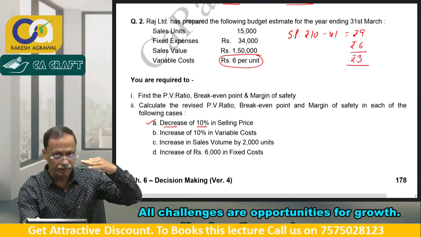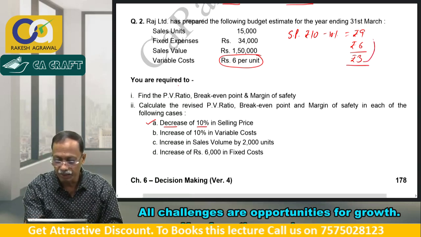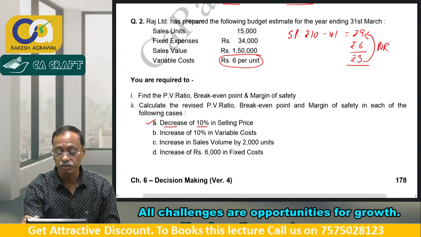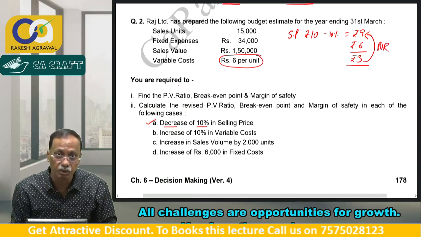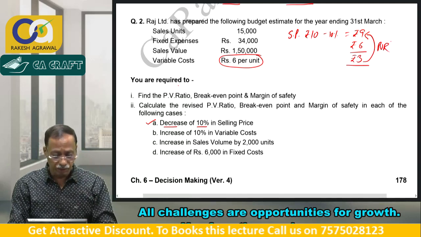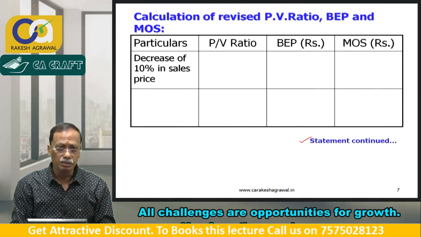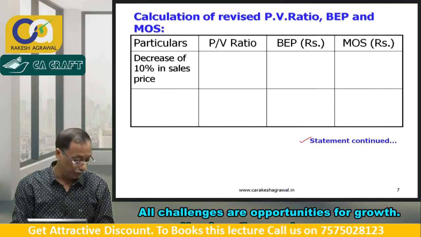Naturally, decrease in selling price will decrease the contribution per unit. And 3 divided by 9, contribution upon sales price, gives the PV ratio. So your PV ratio will become 1/3, that is 33.33%. Are you getting it? So we'll show the calculations. In the particulars, write down decrease of 10% in sales price.